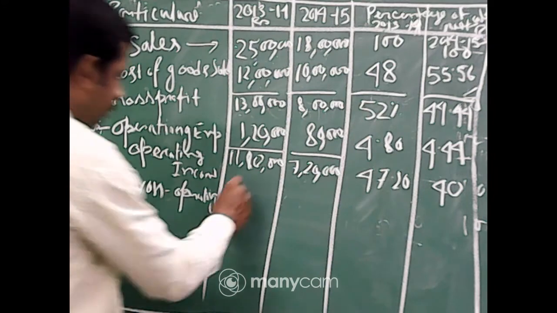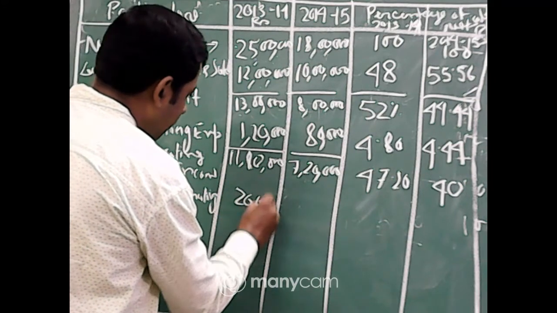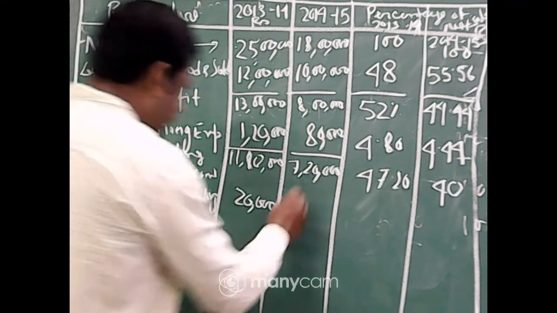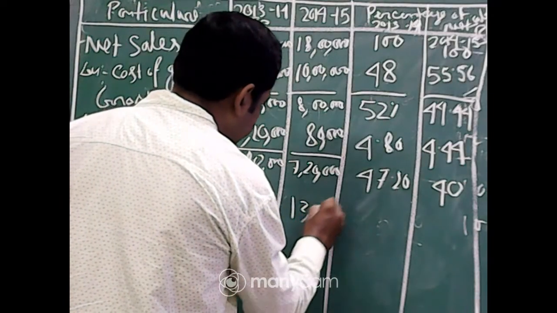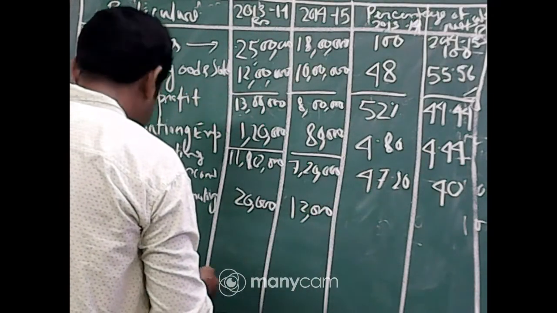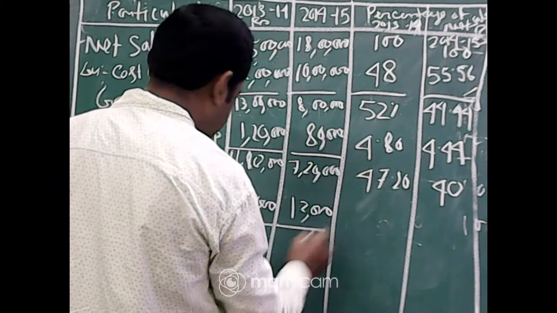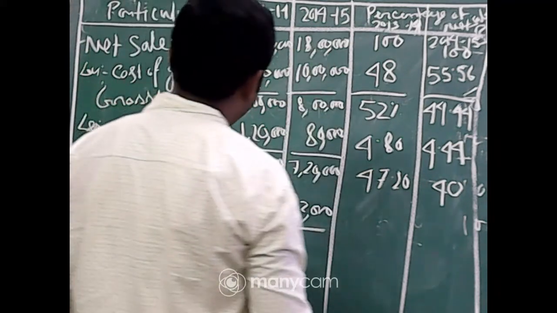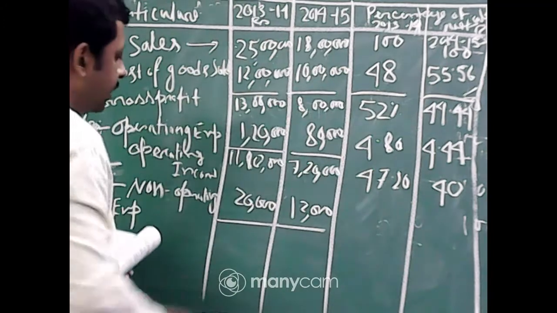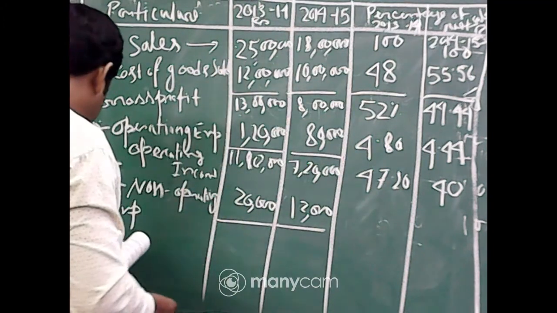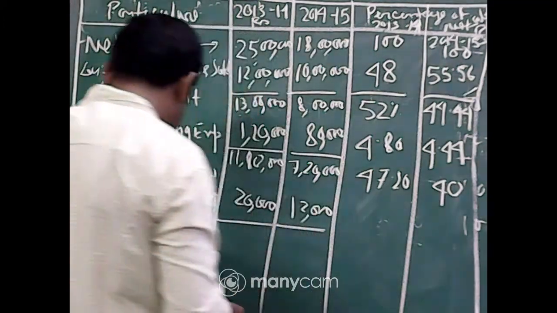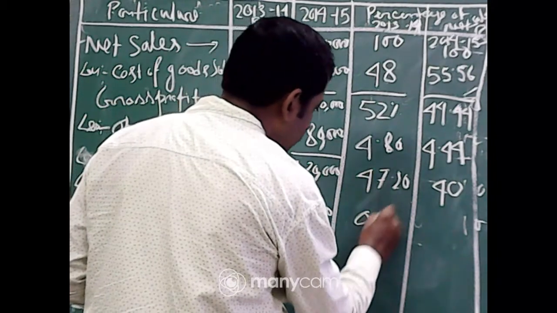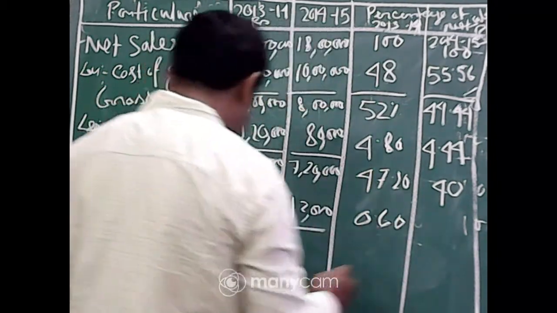So that should be less 20,000 and 12,000. And that also you have to calculate on the basis of net sale, that is 20,000 divided by 25 lakh, 12,000 divided by 18 lakh, that is 0.60 and that is 0.67.